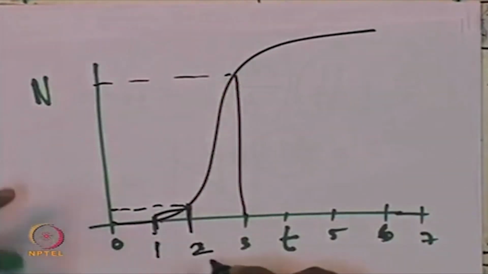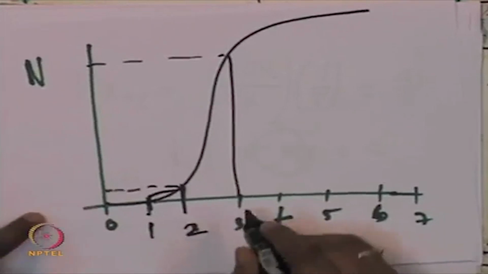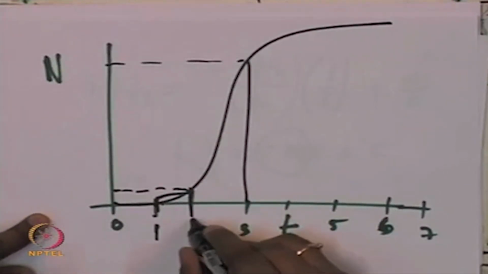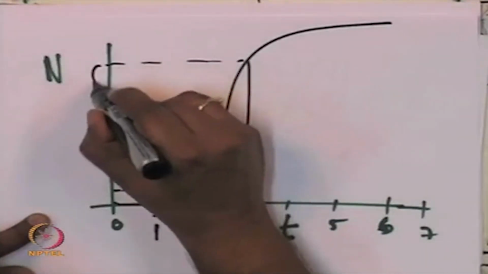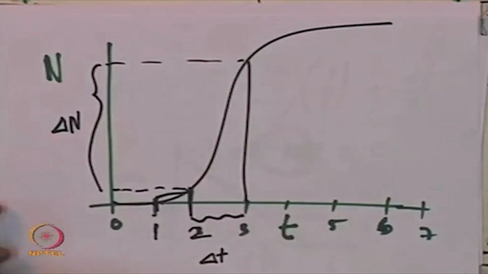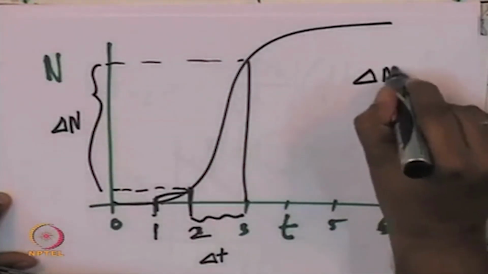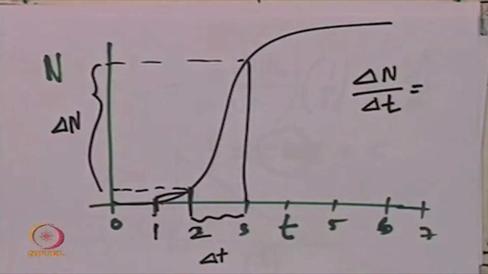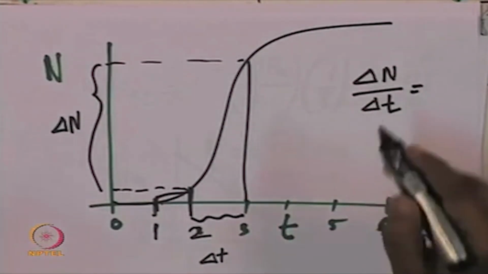So, if you call this change in time delta t, and this is delta n, the change in number, delta n by delta t is basically the yield. So, this is basically the derivative.